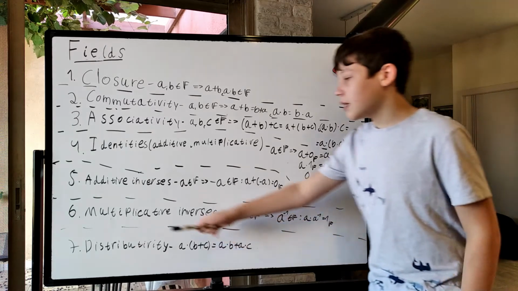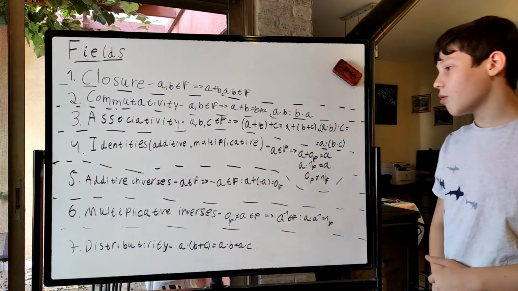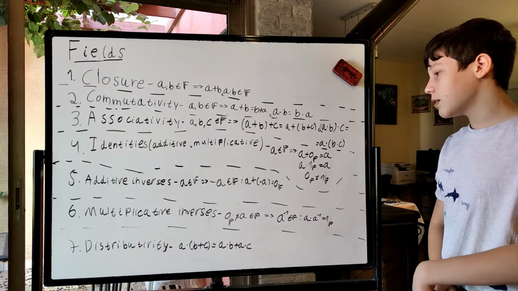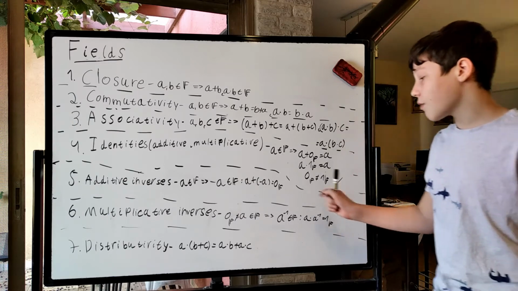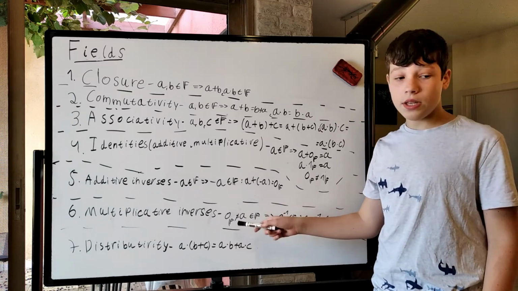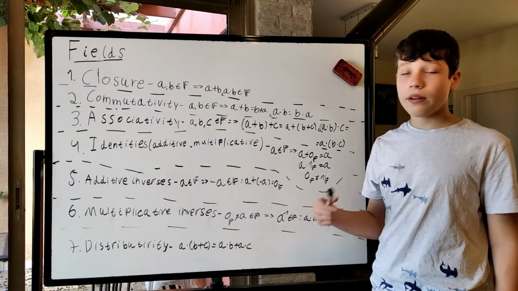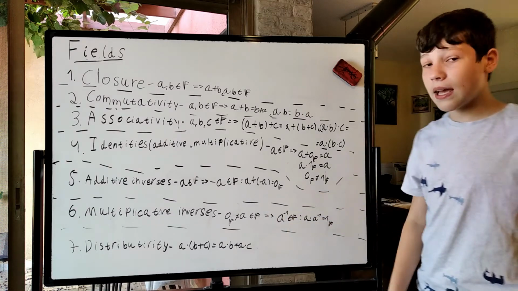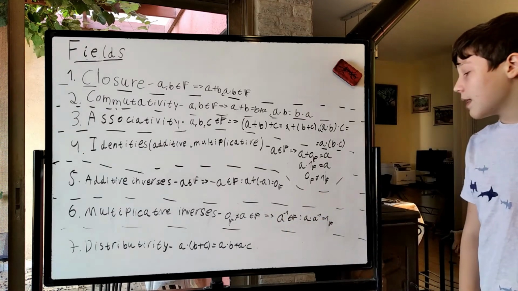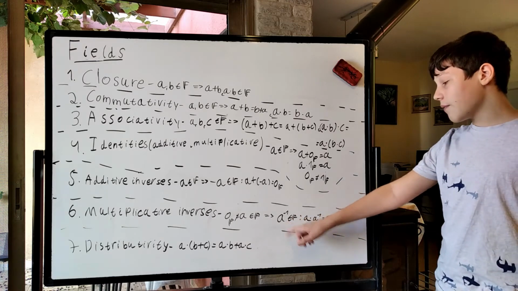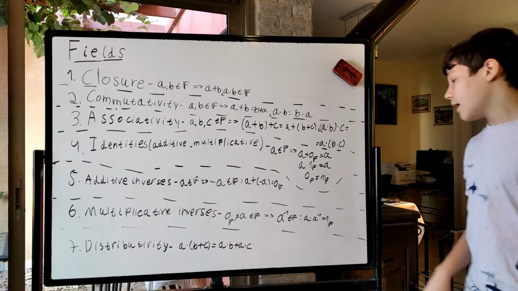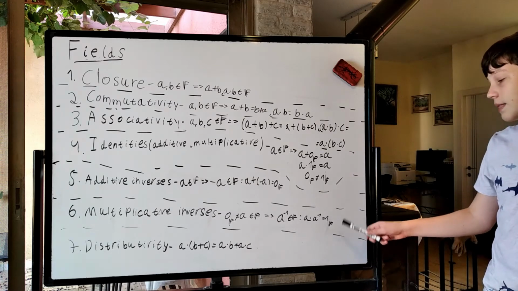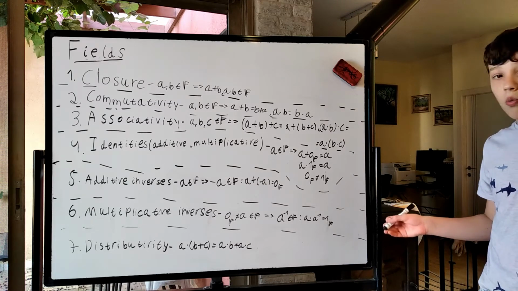And the sixth rule is similarly a multiplicative inverse. If A is in our field F, but is not the zero of the field, I'll later talk about why we can't have it being zero, that means that the inverse of A is in the field, which means that A times the inverse of A is the one of the field.